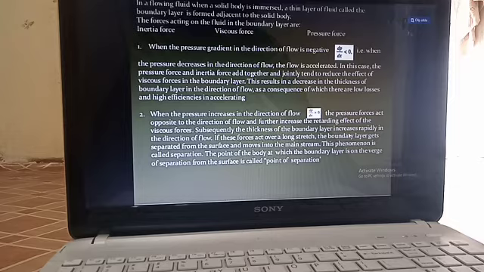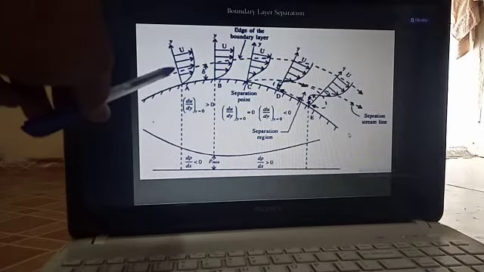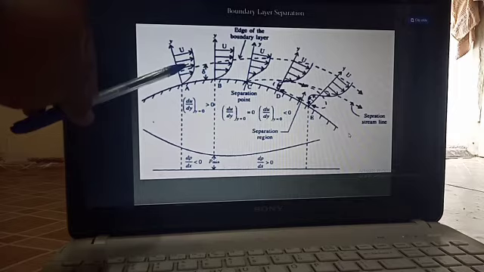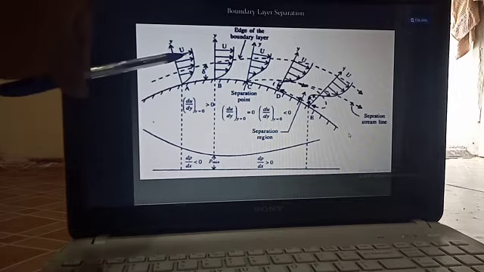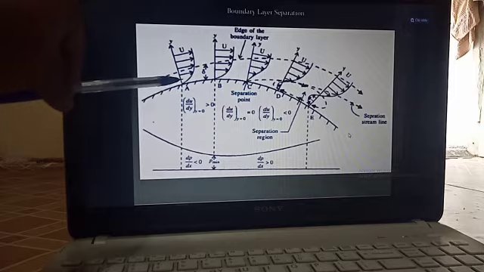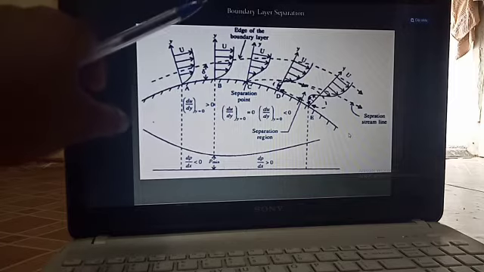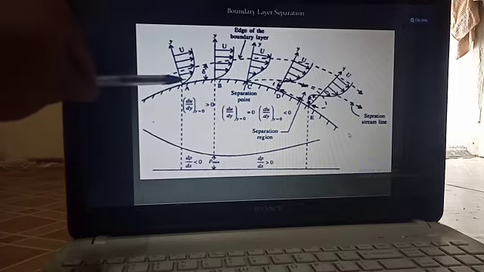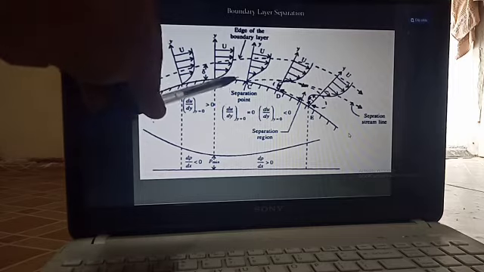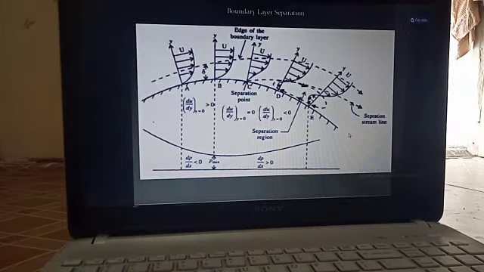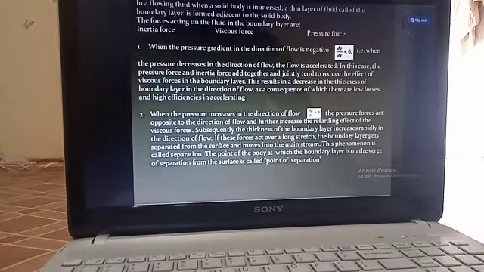This results in a decrease in the thickness of the boundary layer in the direction of the flow.